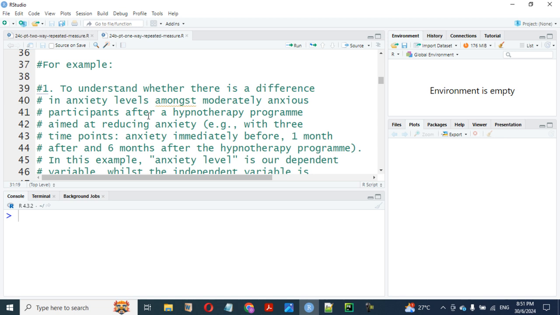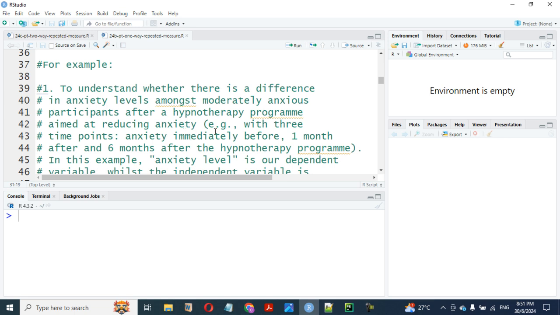Now, let me repeat some example here. I said something like this before under paired group ANOVA, but not exactly. I try to extend it here now to understand whether there is a difference in anxiety level amongst moderately anxious participants after a hypnotherapy program, which is aimed at reducing anxiety.